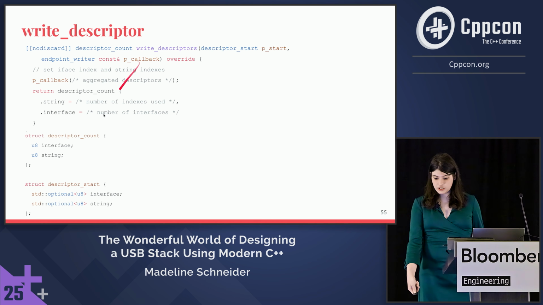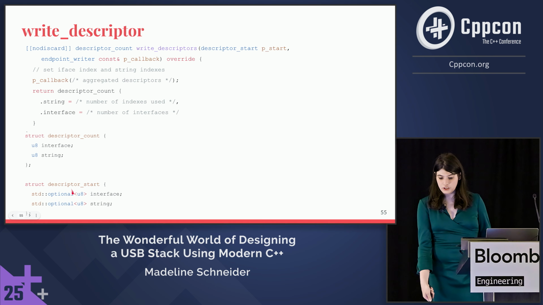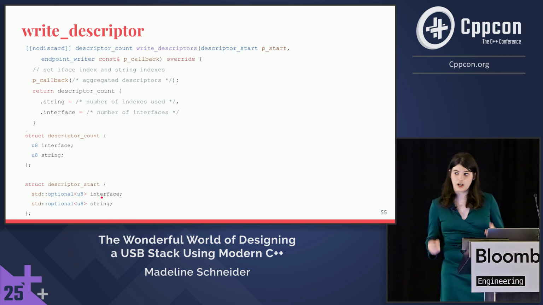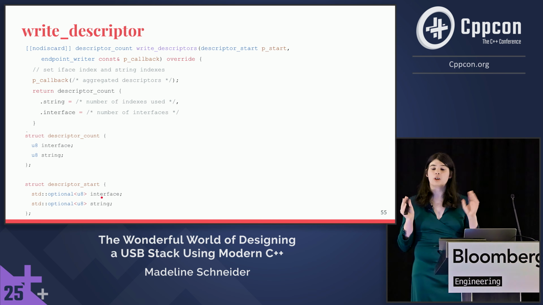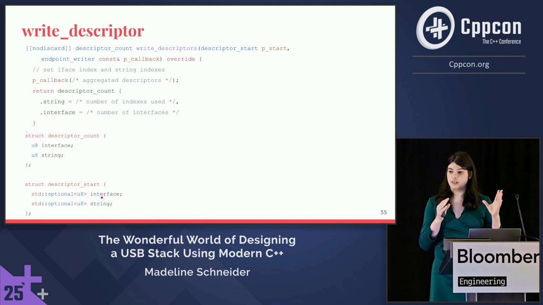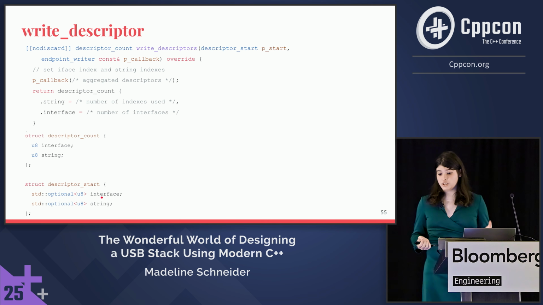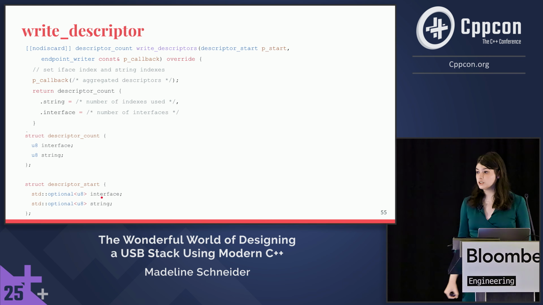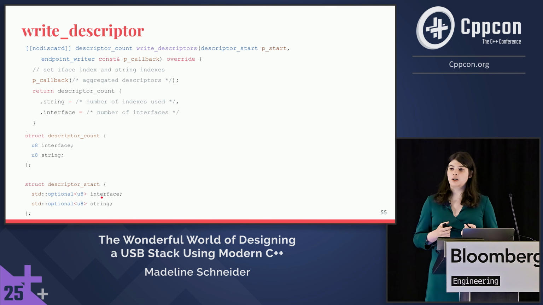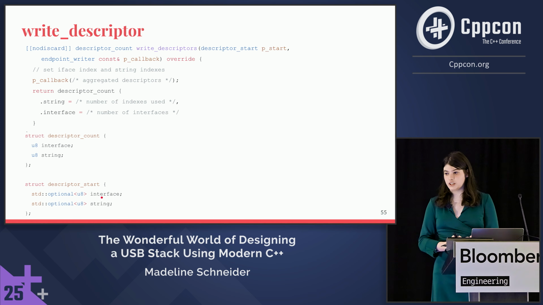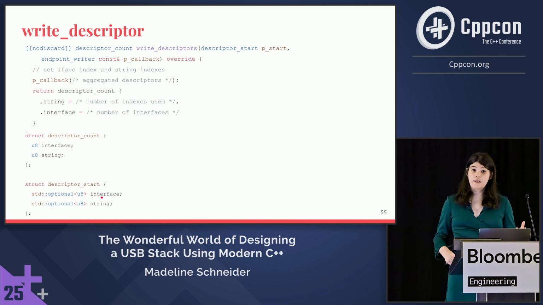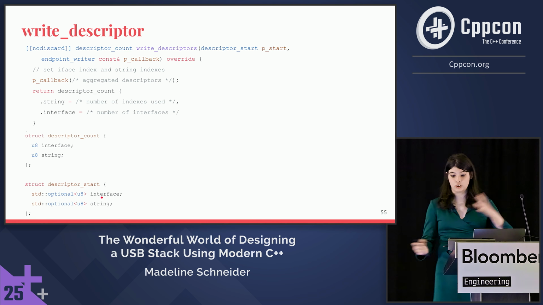Now you'll probably notice that I set these as optional. This is the struct that it takes in, and what these are is the first number that they are to start counting from. So for example, if 1 is given to both of the fields, the interface knows, okay, I can start at index 1 and use as many as I need. And then it will return however many indexes it has used. So if there's 3 strings, it'll return 3 for string.